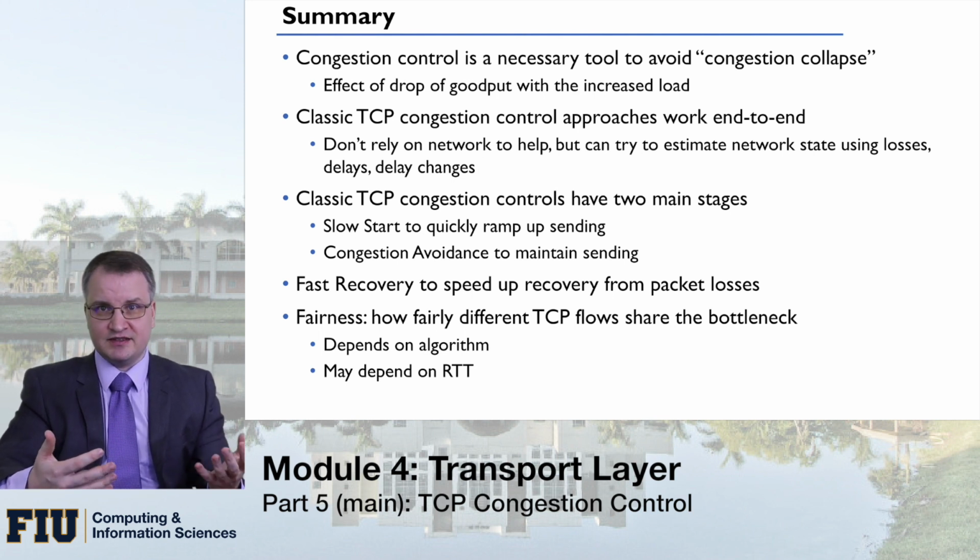Unfortunately, we don't have that many of those resources available in today's networks. So an end host needs to do some form of estimation using losses, using reception of duplicate acknowledgements. Sometimes it's using delays or some other mechanism, or some other magic.